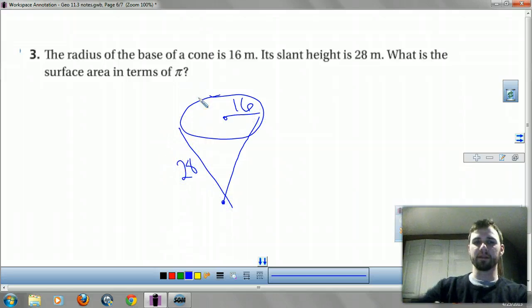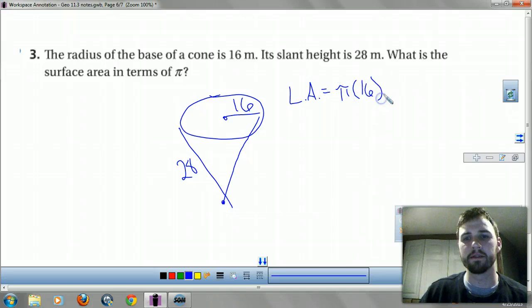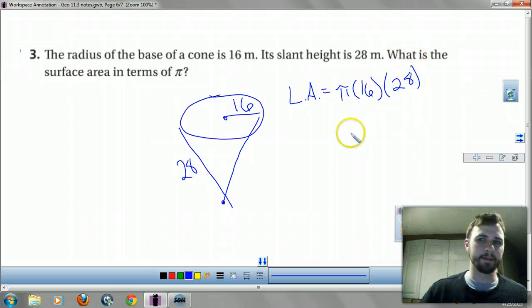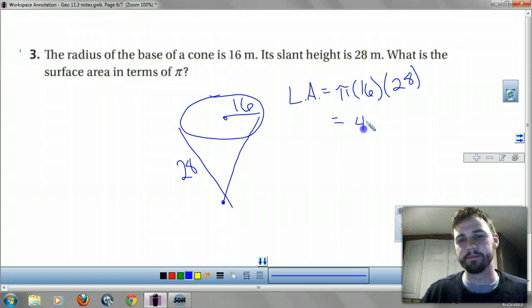Find the surface area. Okay. First we find LA. LA is pi r L. That's it. 16 times 28. 448 pi.